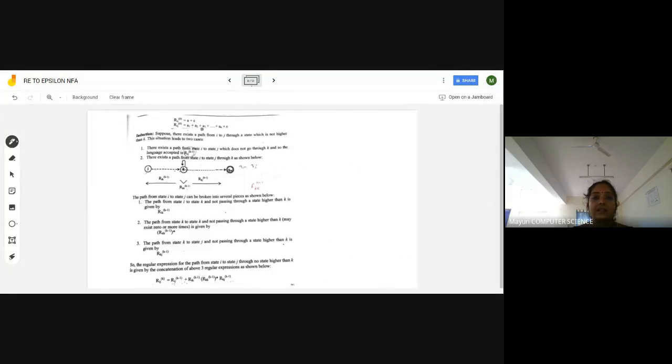The second case is, suppose you have the input A from I to J, where I and J are the same state, where I is equal to J. In this case, how do you write? Suppose there is no input, you have to write epsilon plus phi.